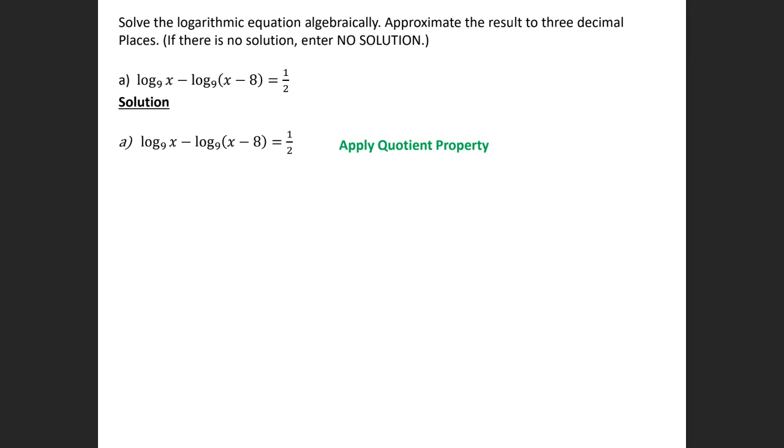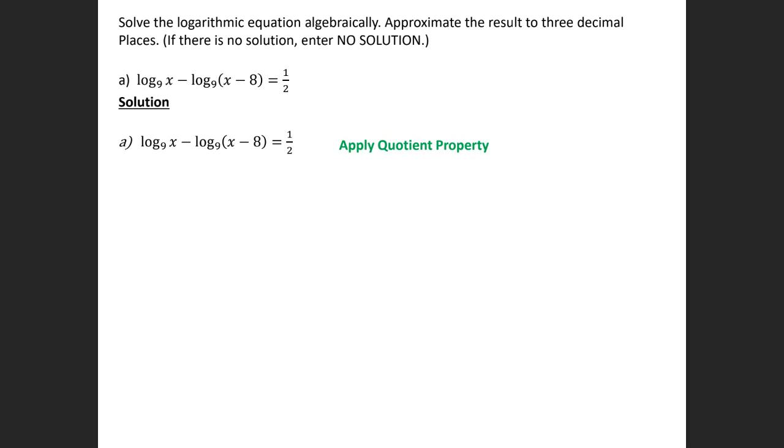All right, let's go ahead and look at this one. Solve the logarithmic equation algebraically and then approximate the result. So we have the log base 9 of x minus the log base 9 of x minus 8 is equal to 1/2. As you can see, we can condense the left side by using our quotient property.